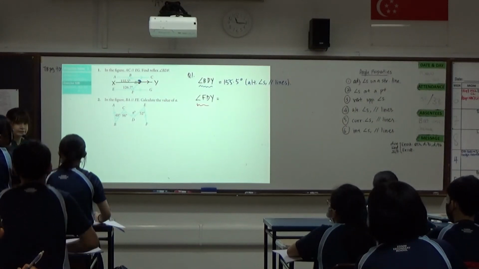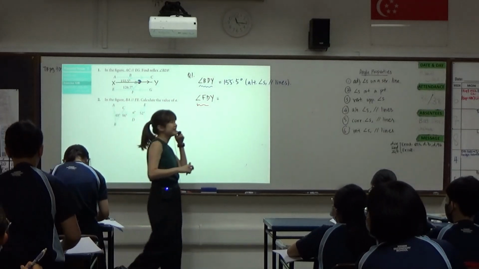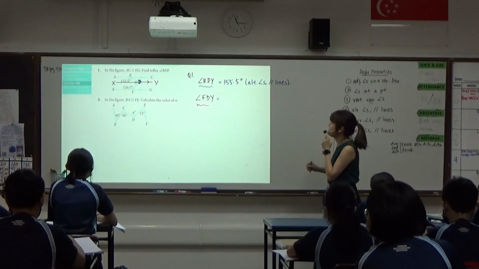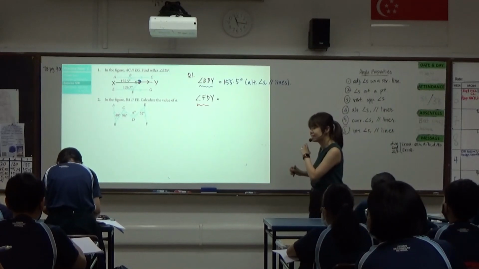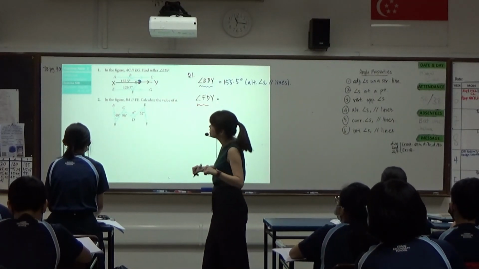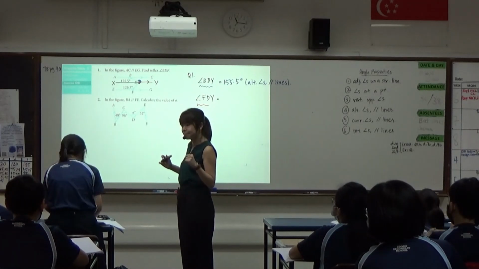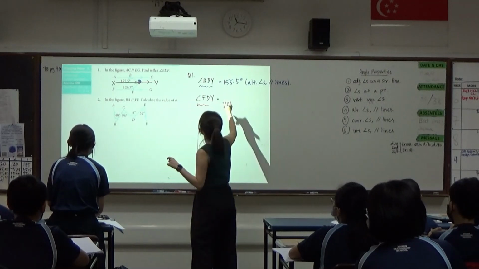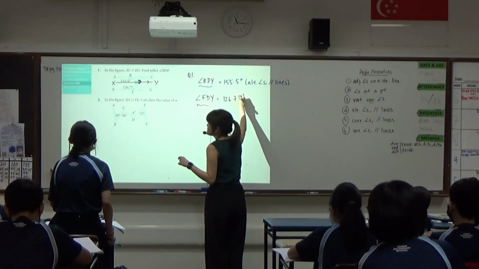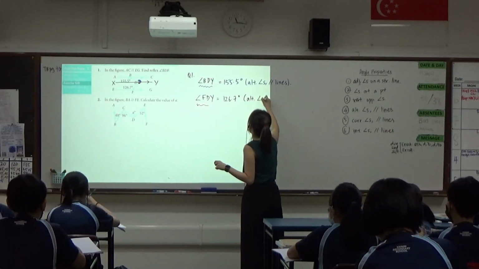Z. Z, can you tell me what is angle FDY? Okay, 126.7, and the reason is because alternate angles, parallel lines. Very good. Thank you.